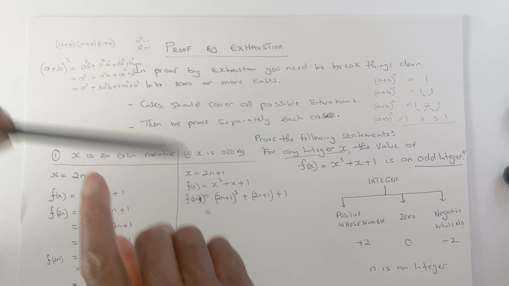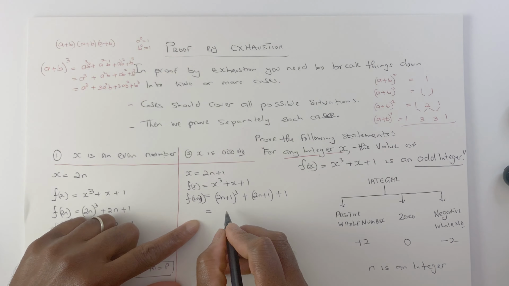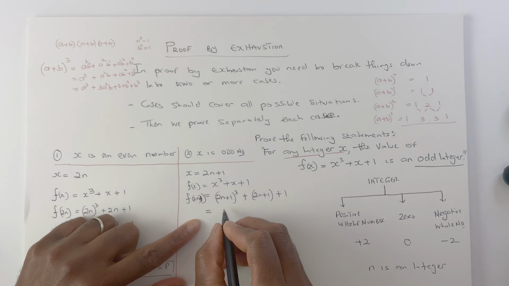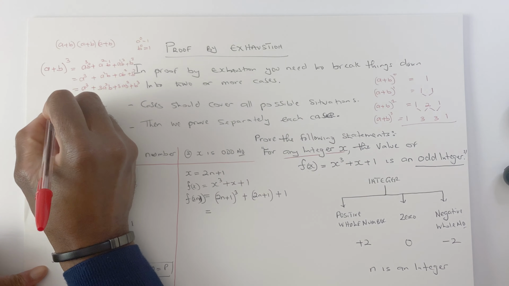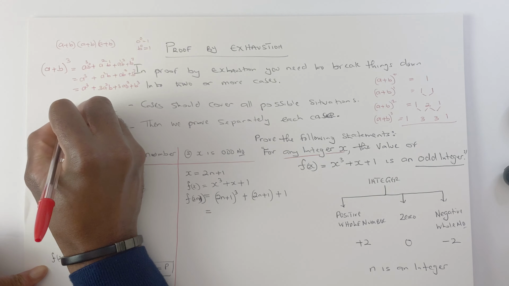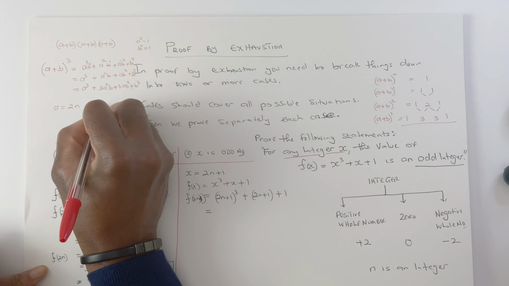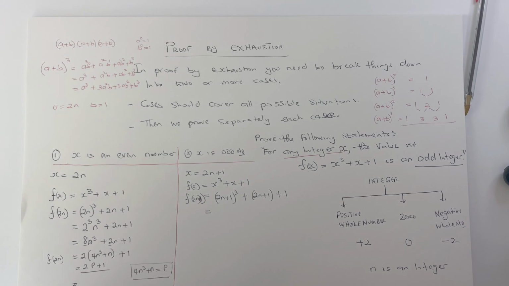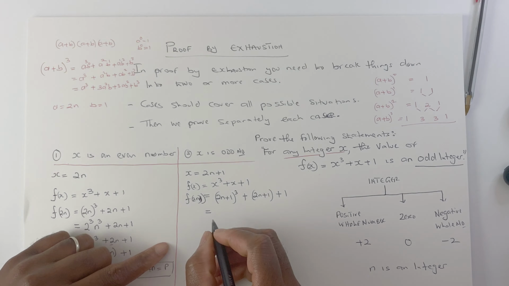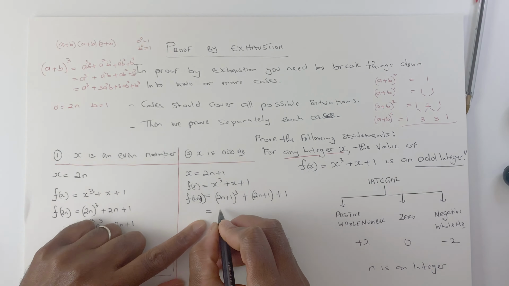Now I can use that to finish up what I need to do here, where in this expansion a equals 2n and b equals 1. So I need to put those back in here.